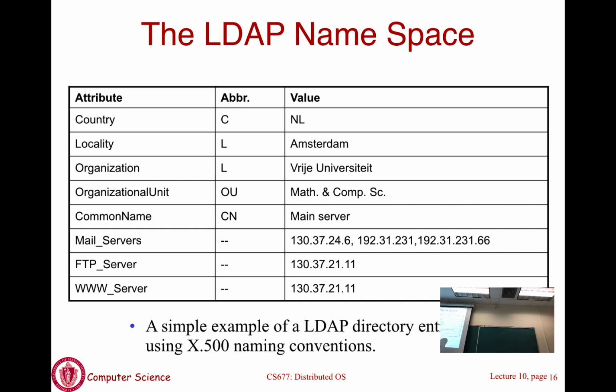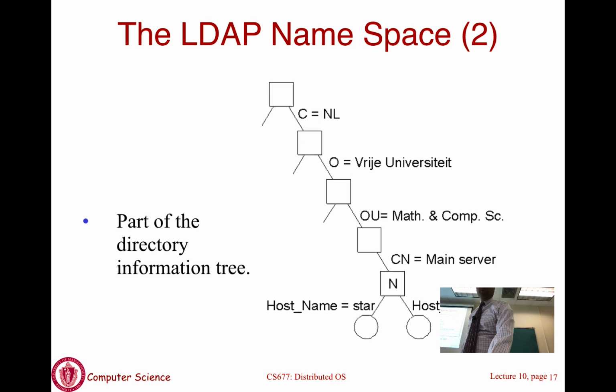Then the organizational unit, called an OU record, which says math and computer science. There's a common name, and then there are mail servers, FTP servers, web servers. That's a sample example of the same kind of hierarchy we saw exists here. But because it's more generic, you start with geography as opposed to using domain names. You start with country and city and things of that sort. That's the schema you're going to use.